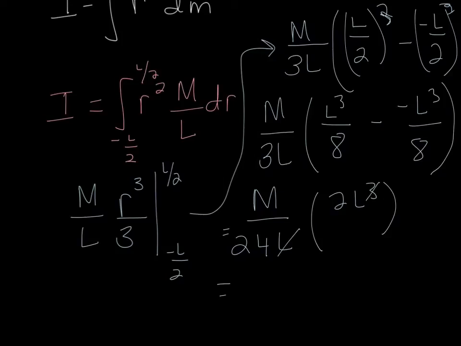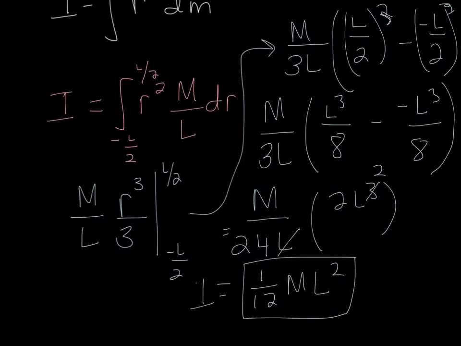L will make this L squared, and the 2 and the 24 would become 1/12 mL squared. And that, if you forgot from the beginning of this long slide, is the moment of inertia of a rod rotating about its center, if it's uniformly dense: 1/12 times its mass times its length squared. So that's kind of cool.